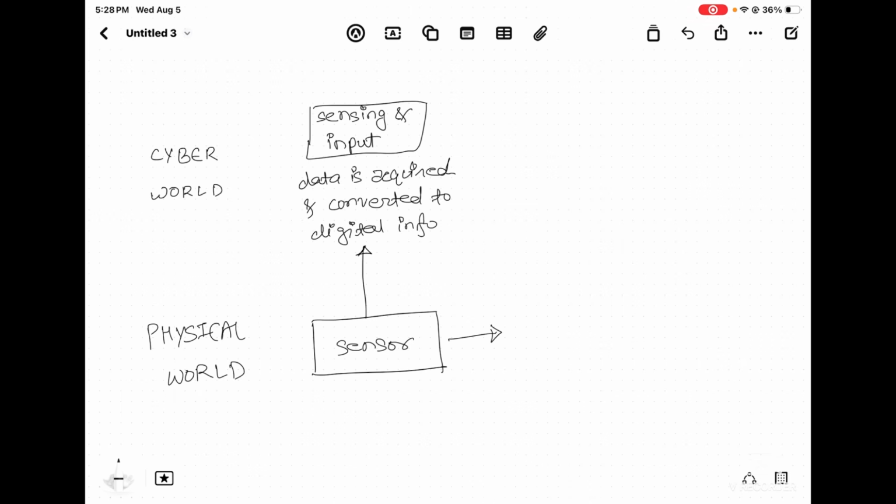What the sensor perceives, we already know. The plant, the physical world data.